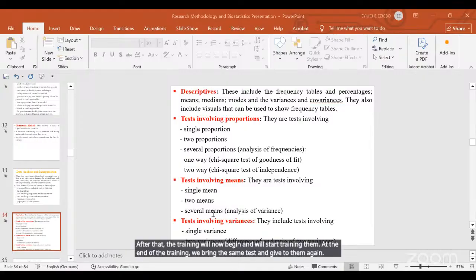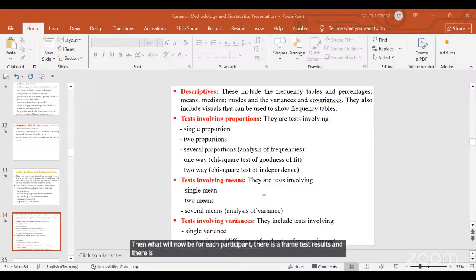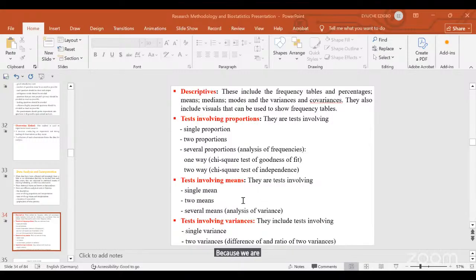Then for each participant, there is pre-test results and there is what? Post-test results. Because we are getting these two results from the same individual, one will be sure that there is a correlation between the results.